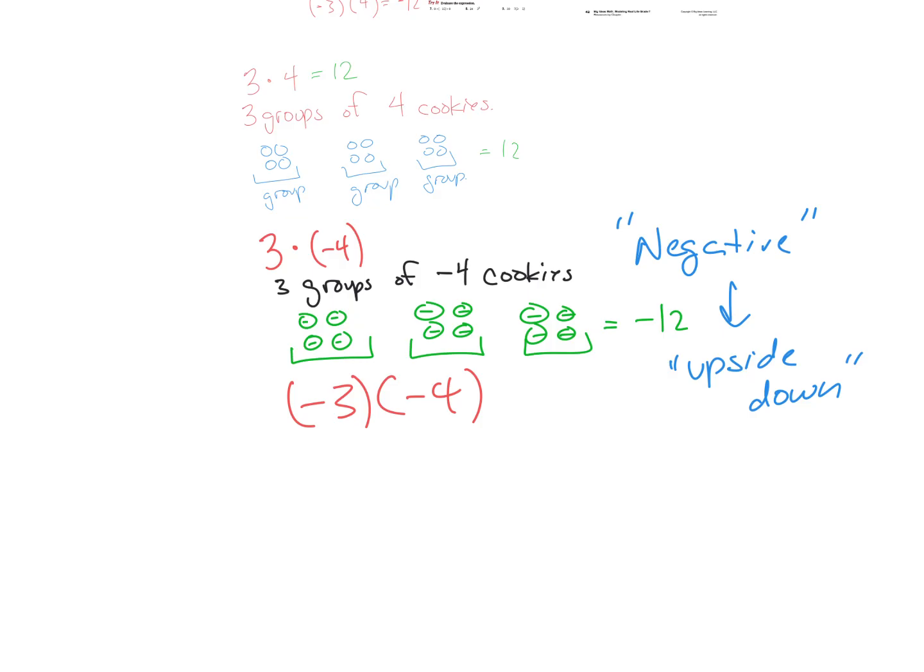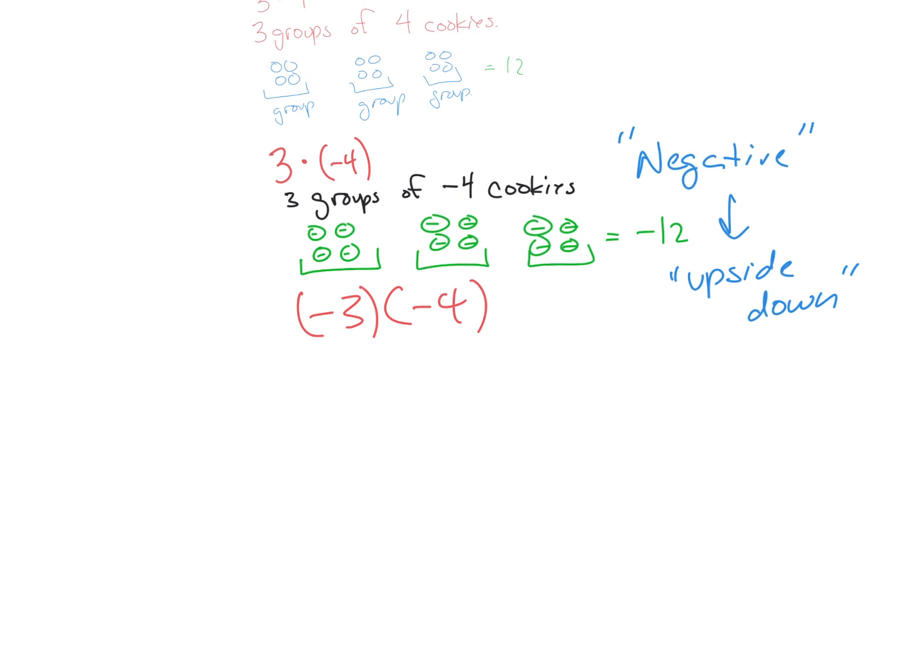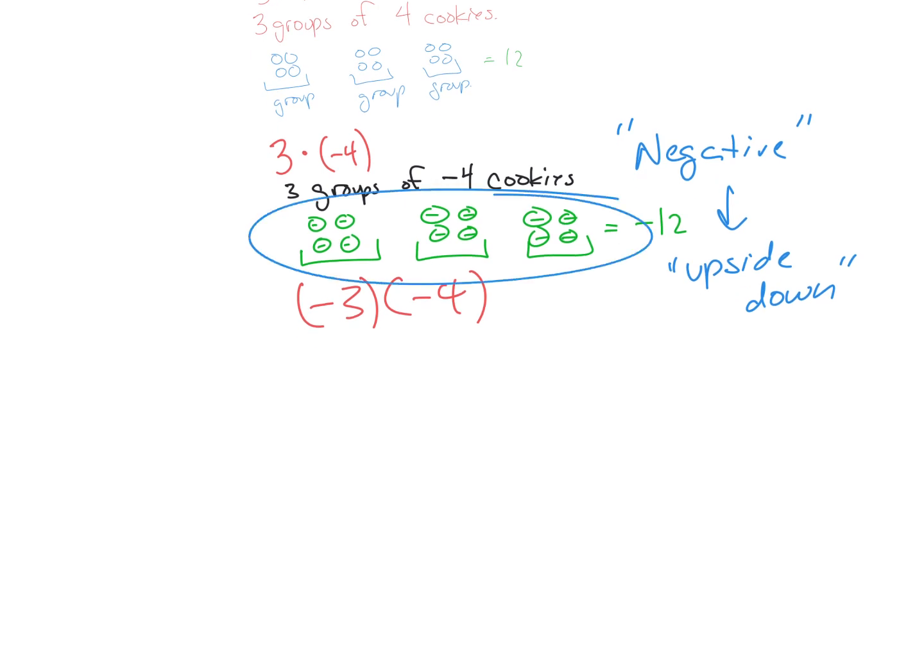So what's happening is we're going to take this, which was 3 groups of upside down cookies, and then this negative right here is going to say, you know what? Let's upside down those upside down cookies. So if I literally took, in fact, here I'm doing a little copy paste thing.